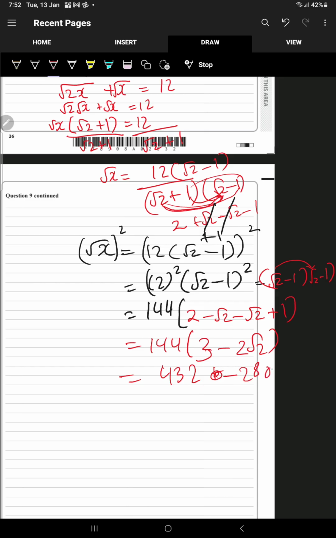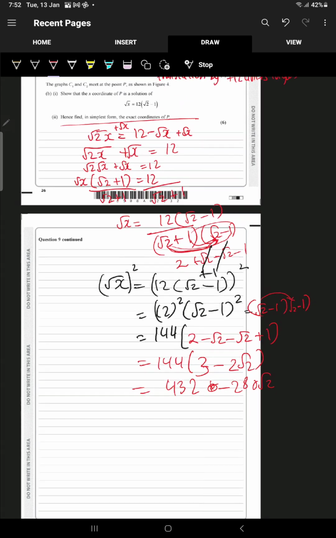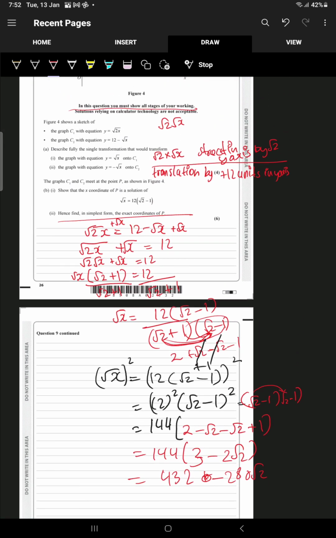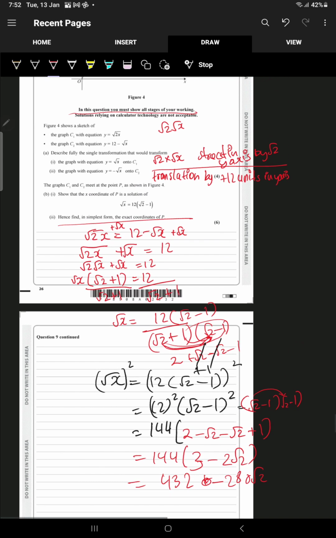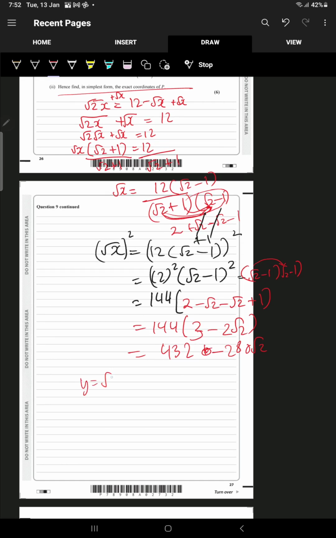Okay, so find the exact coordinates of P. Well, we have to find the coordinates of P. So y is going to be root 2 times root x. We are finding the y coordinate, and root x is equal to 12 over root 2 minus 1.